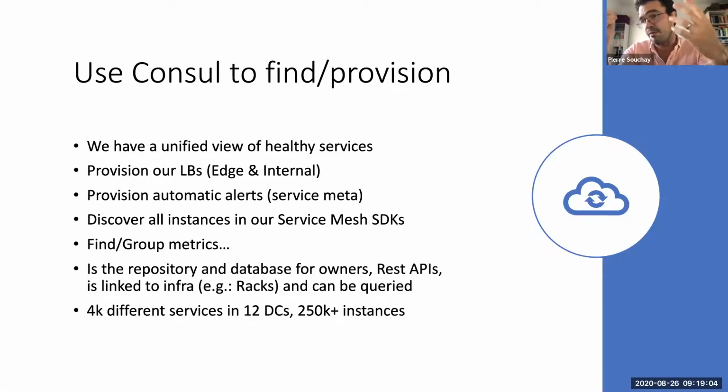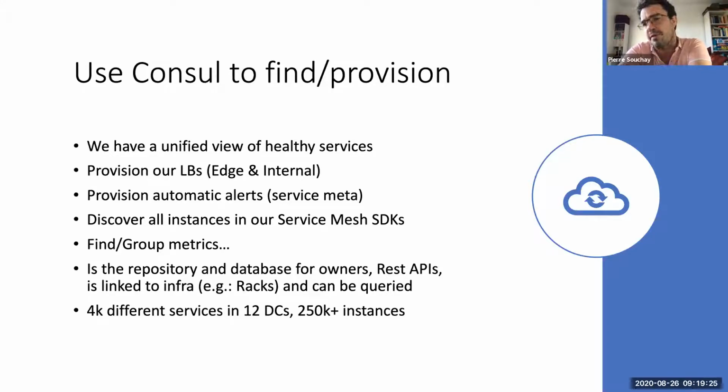So basically, when you are performing a request from outside of Criteo, you are reaching a load balancer, and this load balancer is provisioned automatically with Consul. It gives us a very strong edge compared to what we had previously.